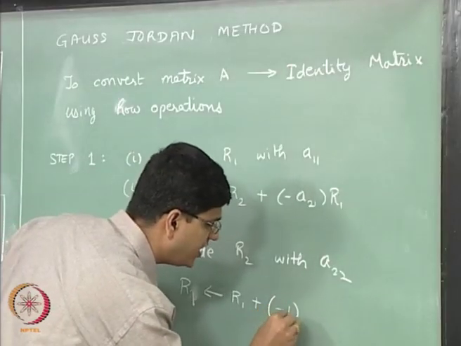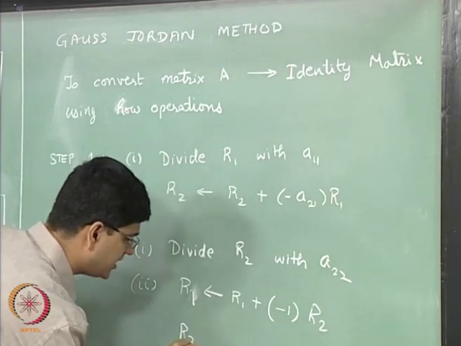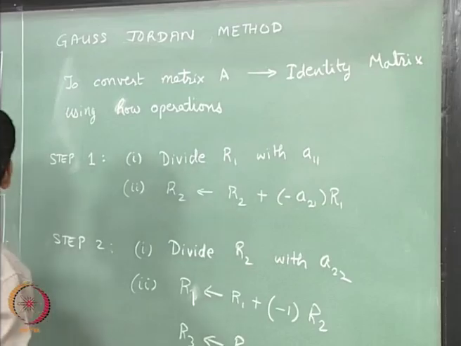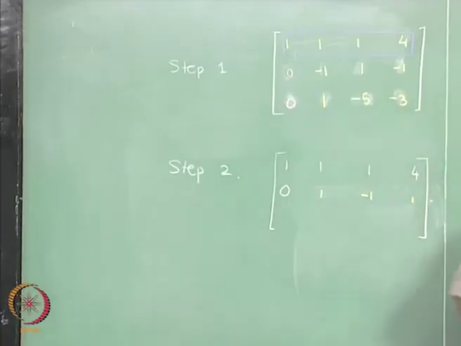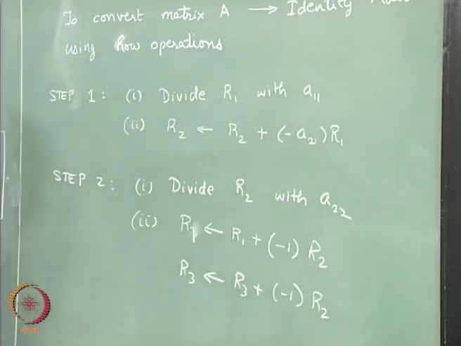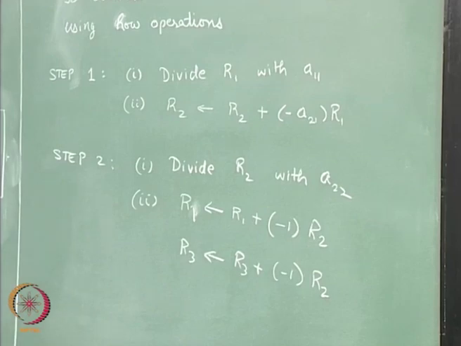So negative 1 times R2, and R3 should be R3 plus, again R3 had 1 over here, so plus minus 1 multiplied by R2. These are the steps that we will implement.